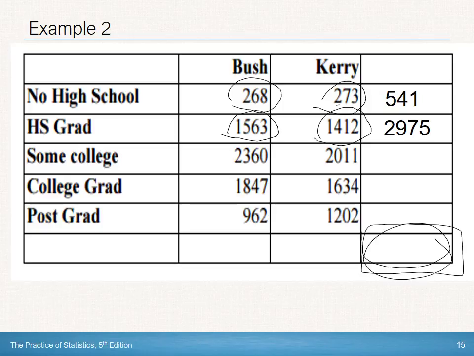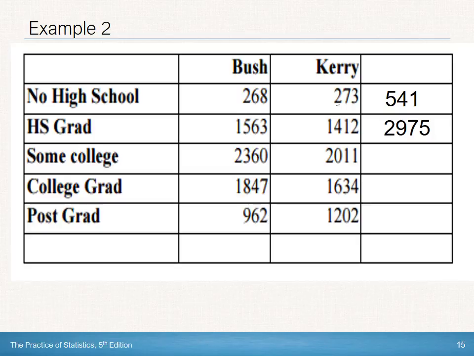We're going to wait on the table total. Okay, so the next set, 2360, 2011, add those together, 4371. And college grad, when we add those, 3481, and post grad, 2164. Okay, I'm kind of going quick through this because I'm hoping you don't have issues with adding. You're just adding straight across.